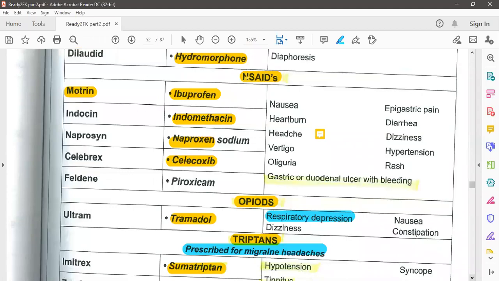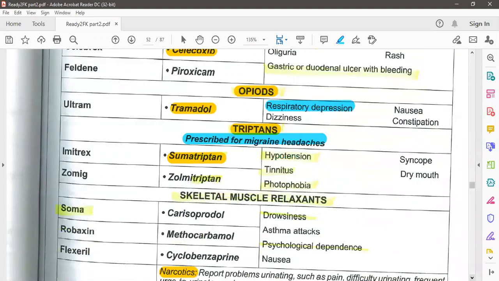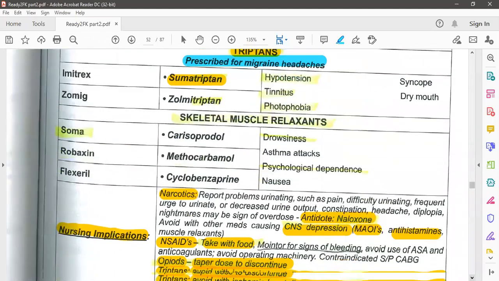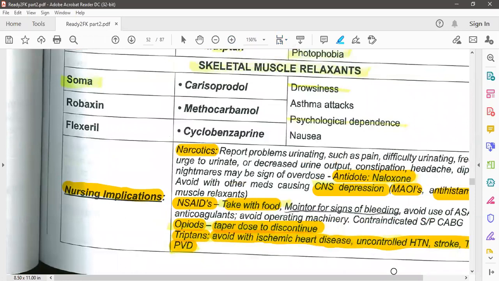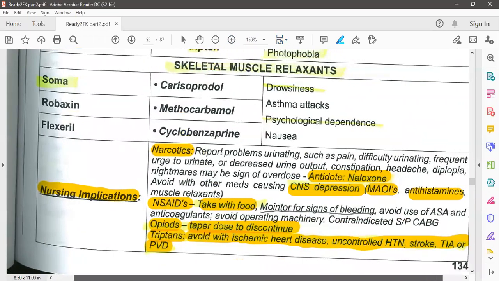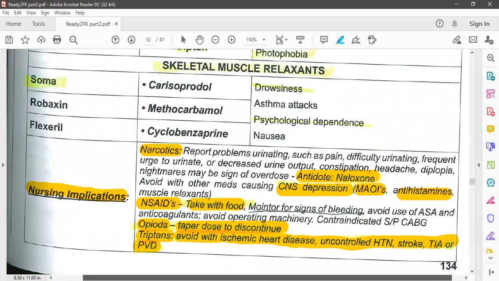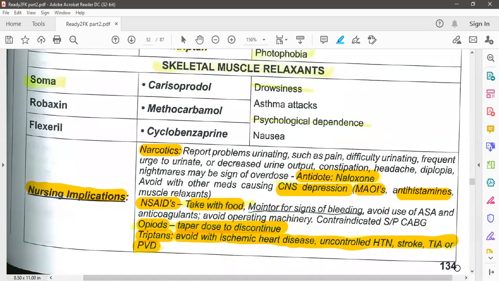Now going to focus on some NCLEX tips, or the nursing implementation, right? So basically, when you give these opioids or analgesics or NSAIDs, what are the most important things?